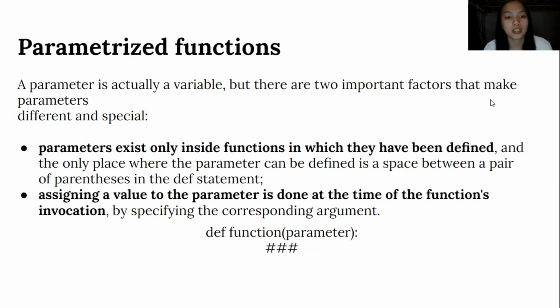And the only place where the parameter can be defined is the space between a pair of parentheses in the def statement. Second, assigning a value to the parameter is done at the time of the function invocation by specifying the corresponding argument, like this. Def function, open and close parentheses, parameter, colon, like that.